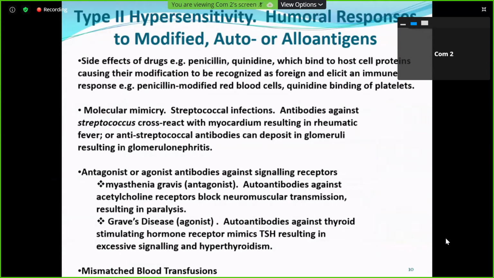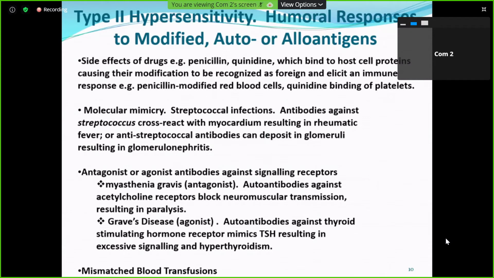So now we go on to type 2 and type 3, which, as I said, involve IgG and IgM, both of which are complement fixing. Now, through the years, many students often get confused between what is type 2 and what is type 3.